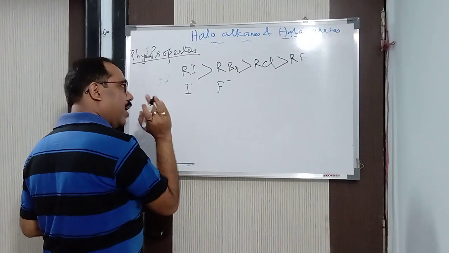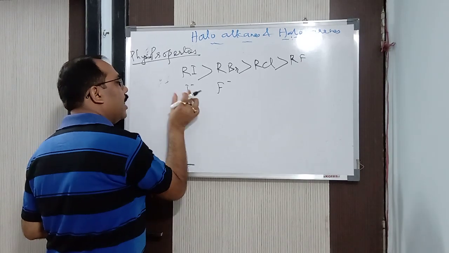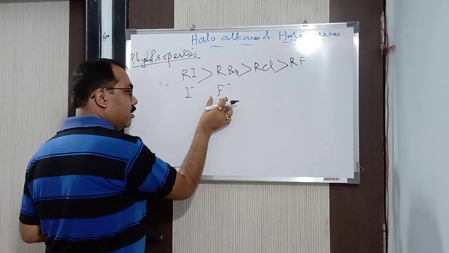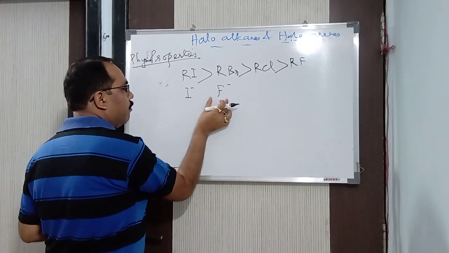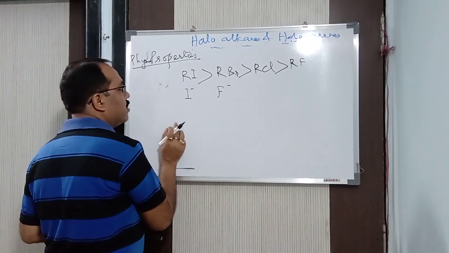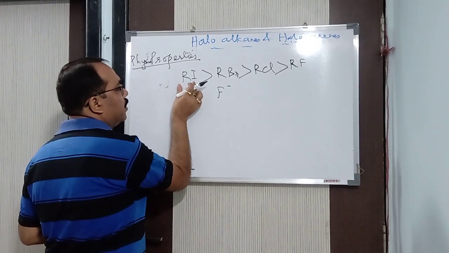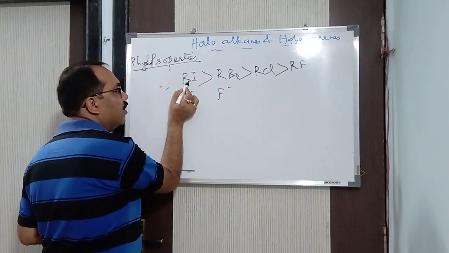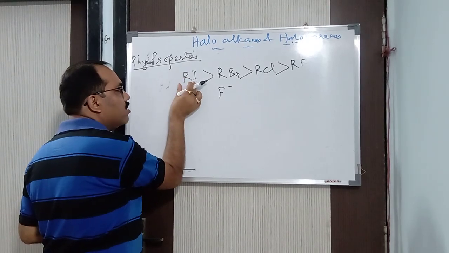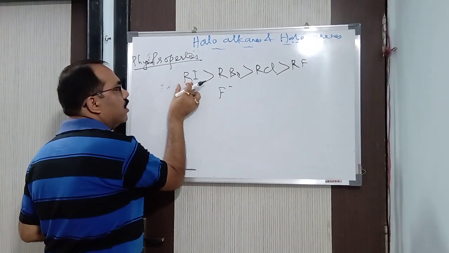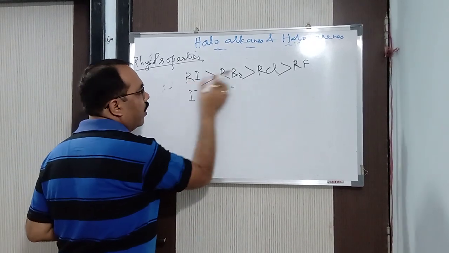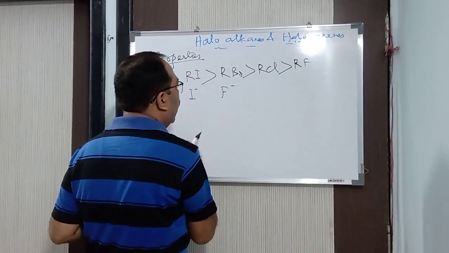Remember, I minus is more polarizable in nature compared to F minus. As it is more polarizable, it pulls the alkyl group strongly, so more energy is required to break this bond. Hence alkyl iodide has a higher boiling point than alkyl fluoride.